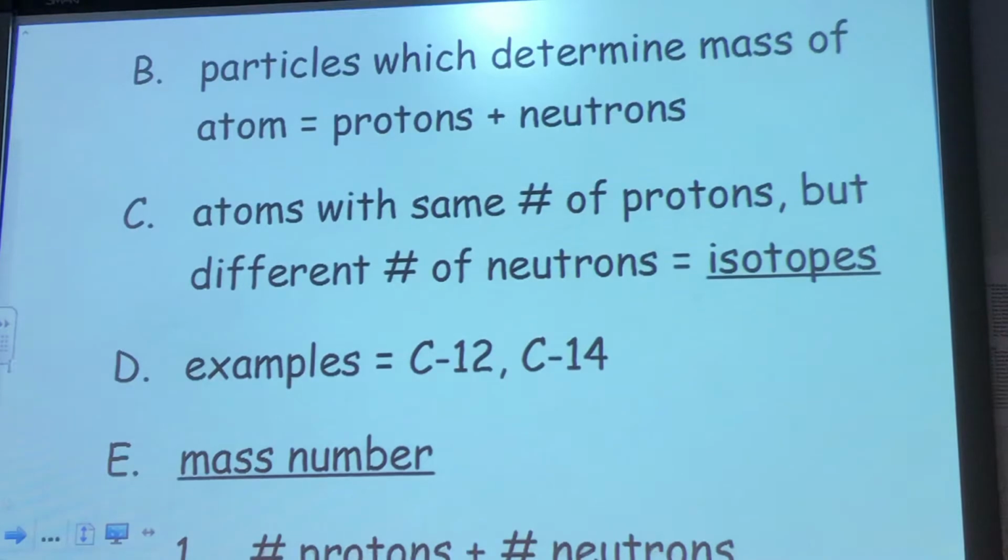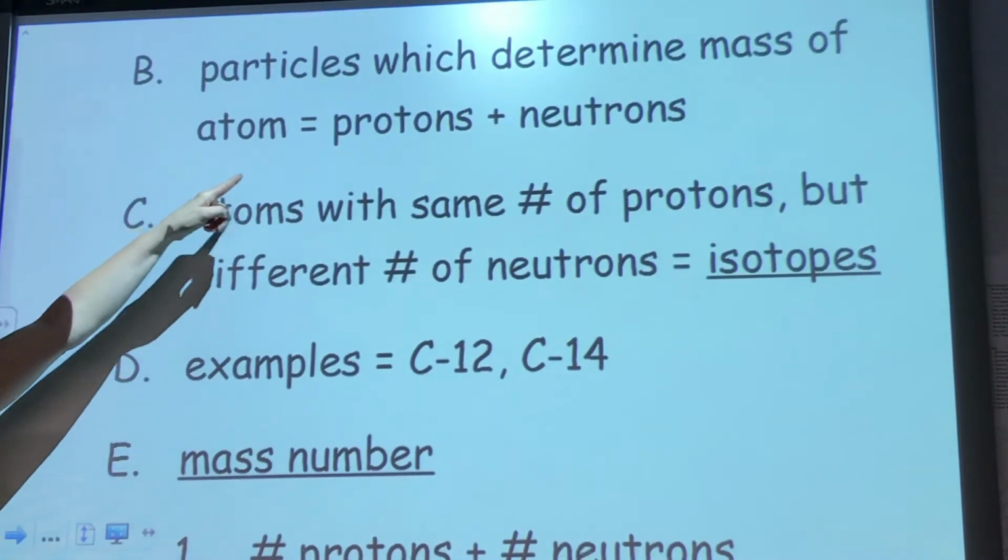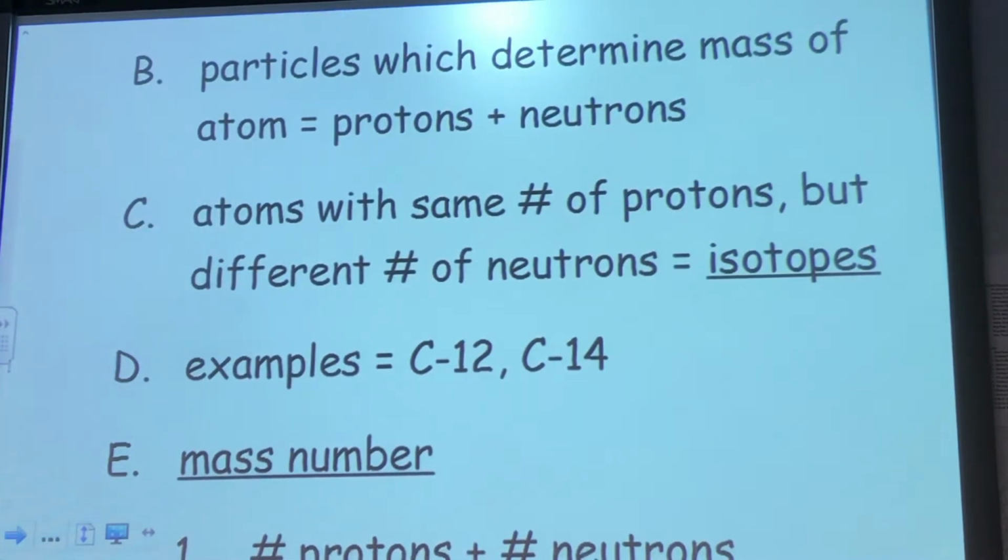If you said protons and neutrons, you were correct. What is the mass of an electron? If you said 0, you are correct. Protons and neutrons are the only things in the atom that give us the masses of atoms, because they're the only things with mass.